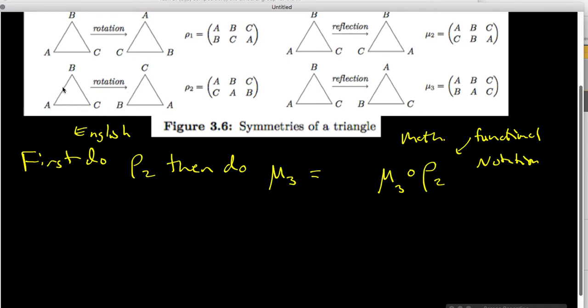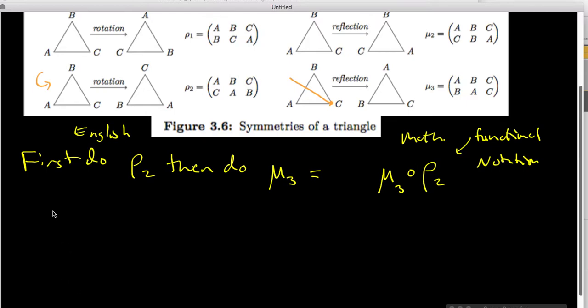Rho 2 is really a 1/3 rotation in the counterclockwise direction, and mu3 is a reflection across the line of symmetry that runs from the bottom right vertex to the midpoint of the other side.